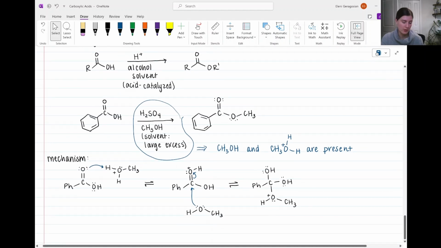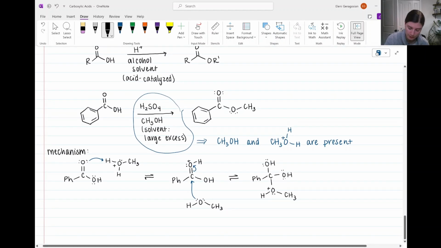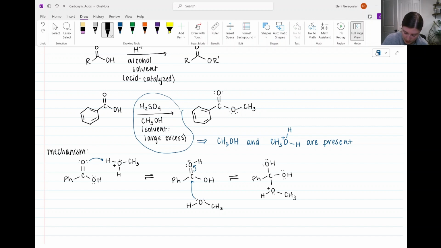We can do a proton transfer to neutralize it. So that's what we will do in this next step. We are removing a proton from that oxygen. And so in this step, again, neutral solvent is a better base. In this case, it's acting as a base because it's taking a proton. So we use neutral solvent there.